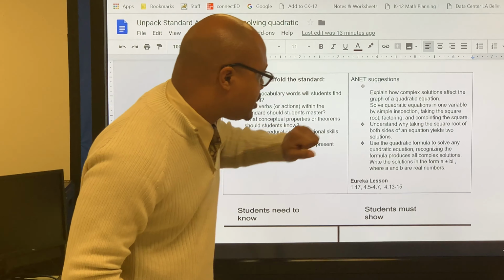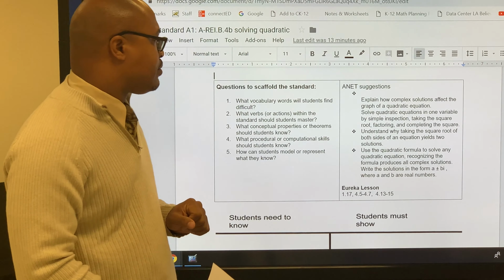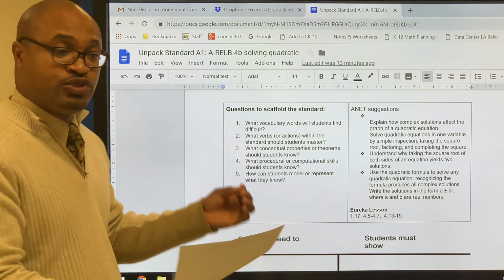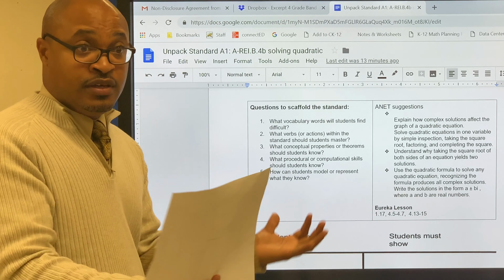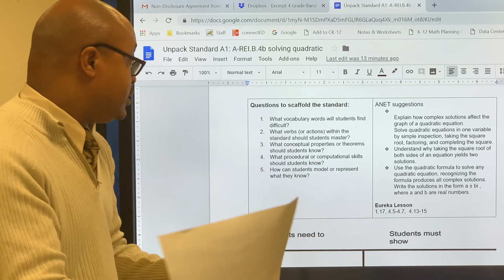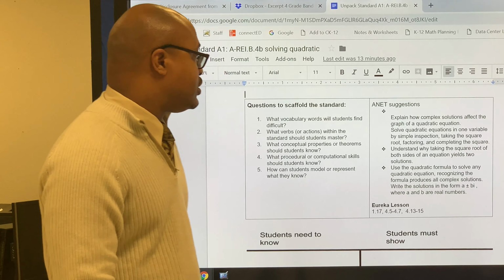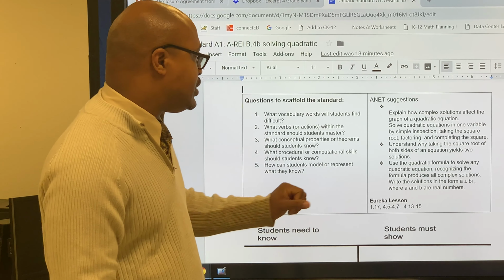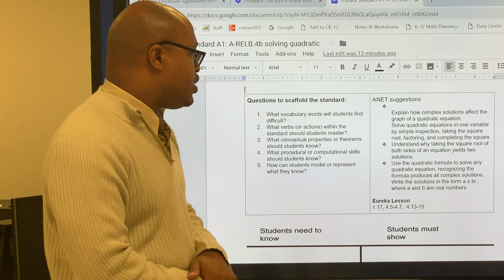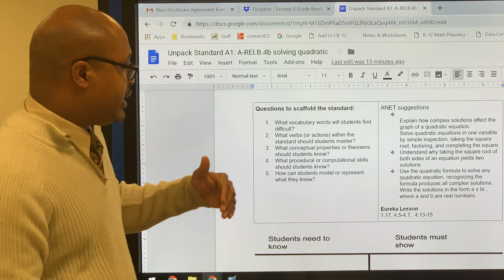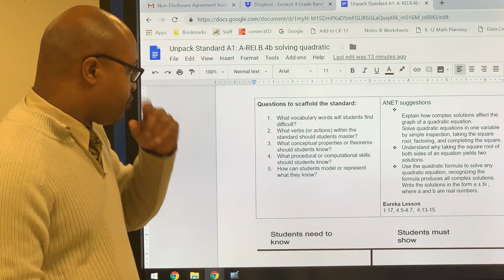Another suggestion: understand why taking the square root of both sides of an equation yields two solutions. That's basic Algebra 1, and it's very important that we know how to do that. Use the quadratic formula to solve any quadratic equation, recognizing complex solutions. Write the solutions in the form a plus bi, where a and b are real numbers.